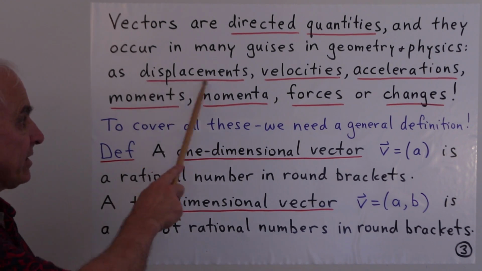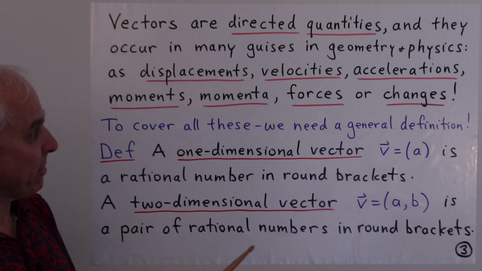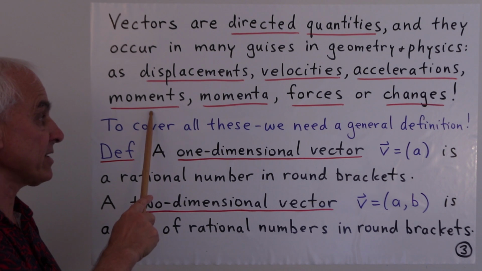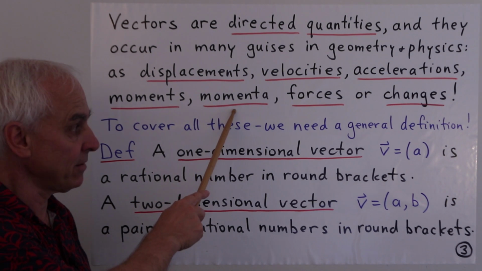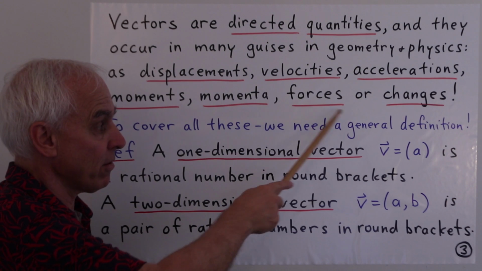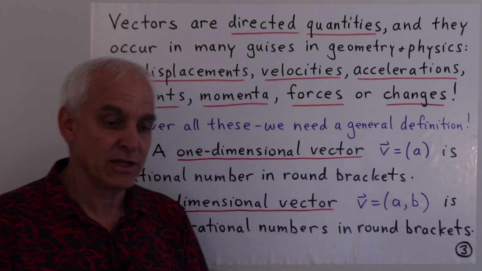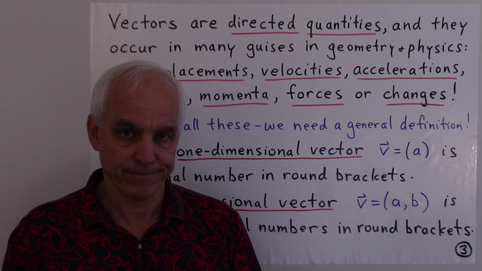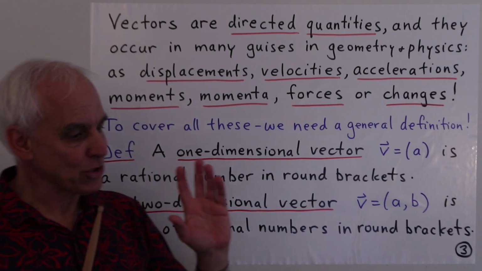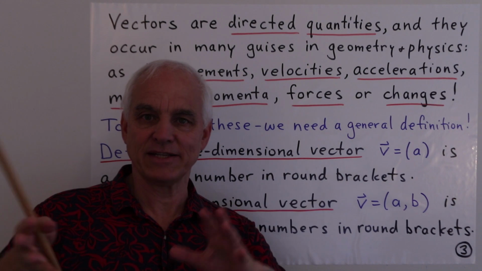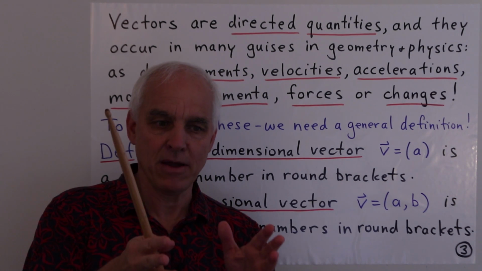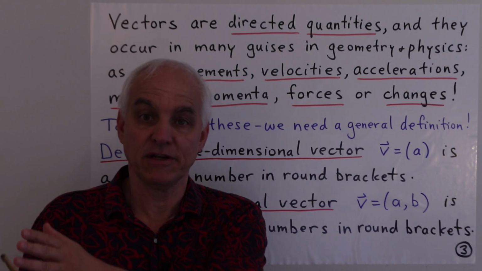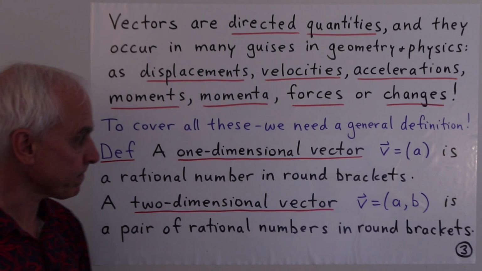They include things like displacements that we've already talked about, but also things like velocities, accelerations, moments, momenta, forces, or just general kinds of changes. These are all naturally represented by vectors. So the concept actually has all kinds of different manifestations. The same mathematical concept can apply in a lot of different situations.